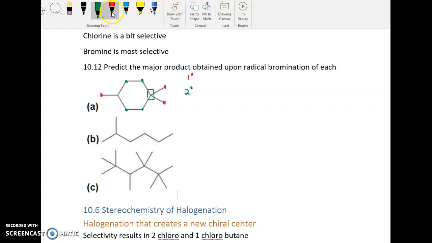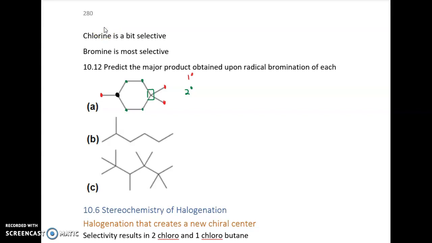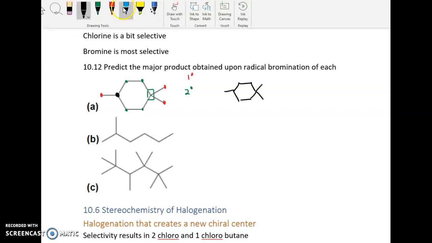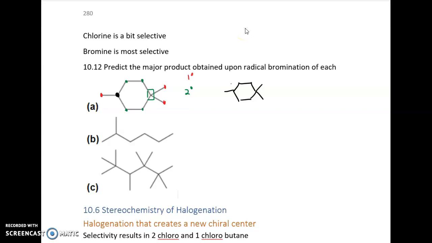So we're going to end up putting our bromine right here because that will give us a tertiary. And I'll put it in a different color. Not a hydrogen, it's bromine. Sorry about that.